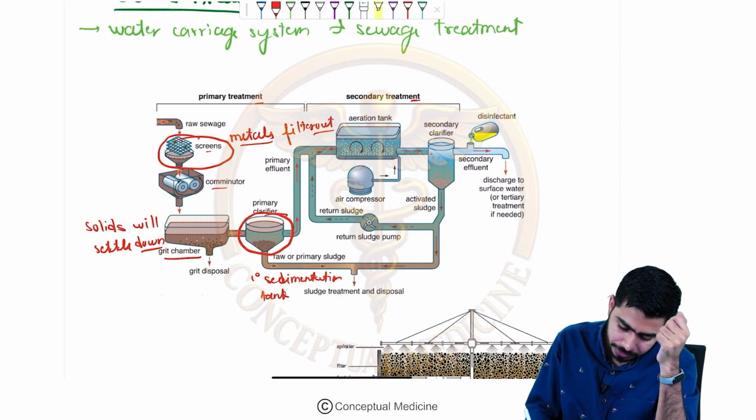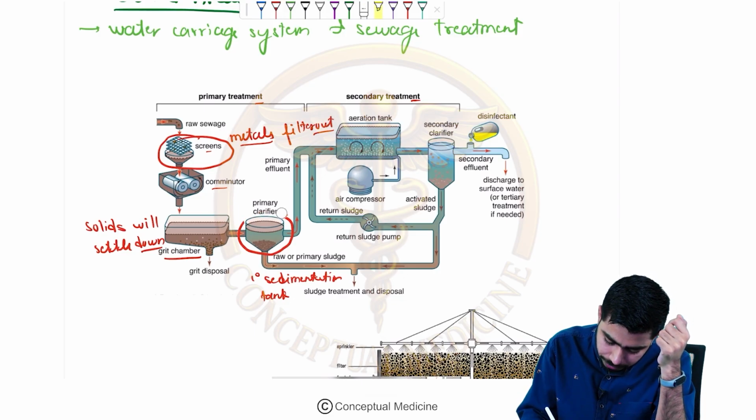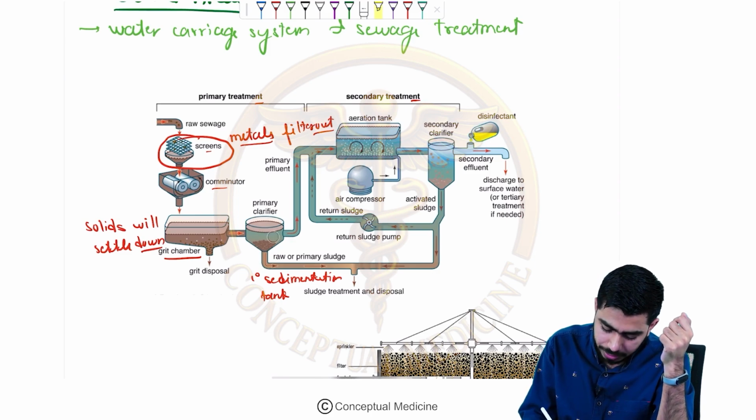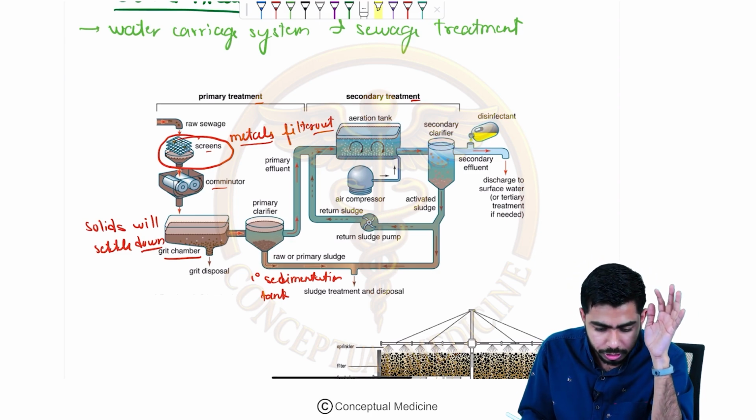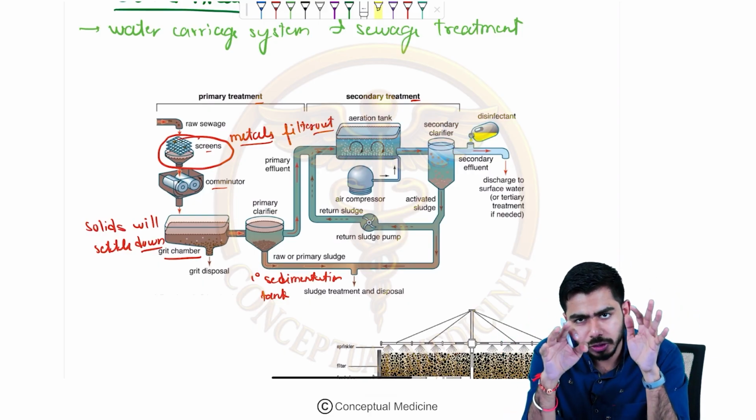So this is the primary sedimentation tank, as you can see over here. This is the area, this is the primary clarifier which I am right now showing you. In this primary sedimentation tank, the sewage will be coming and staying for around 6 to 8 hours.